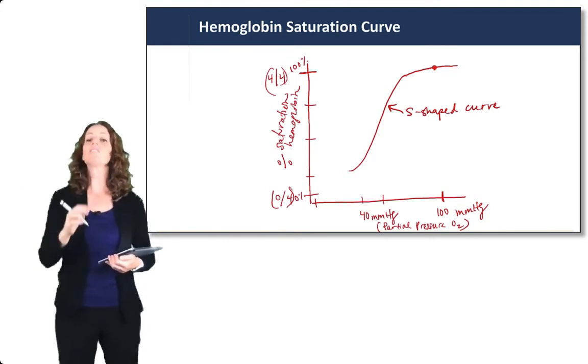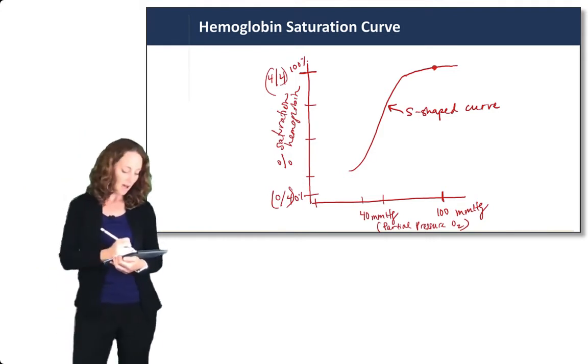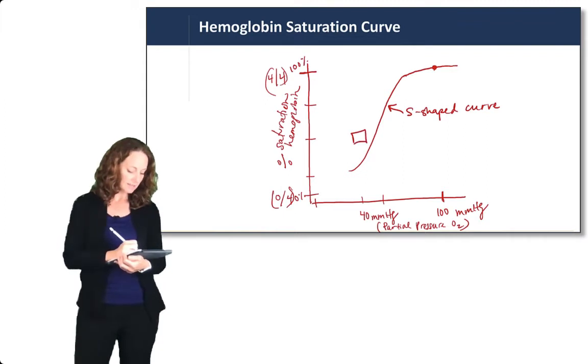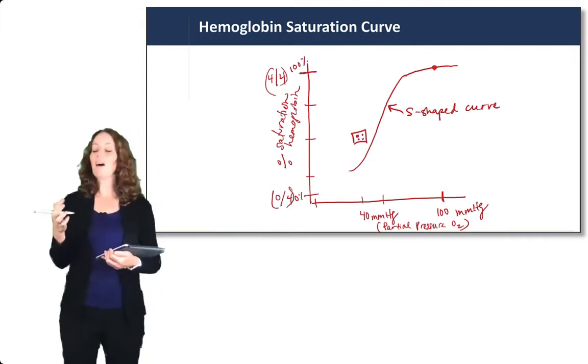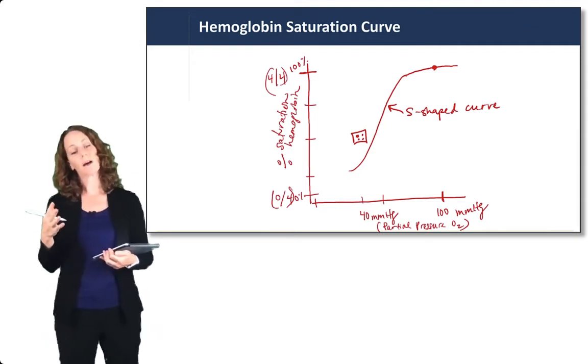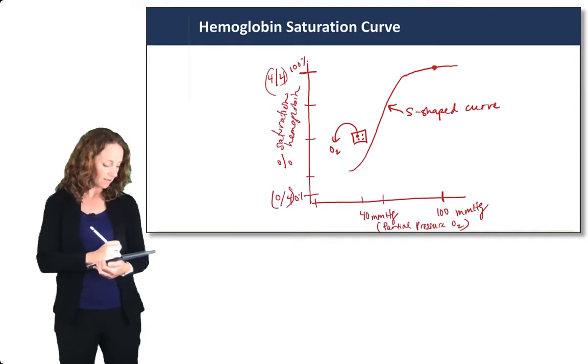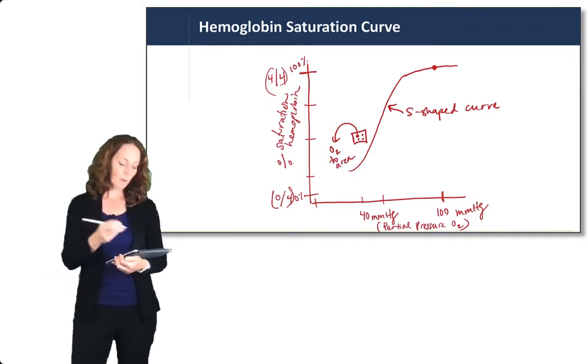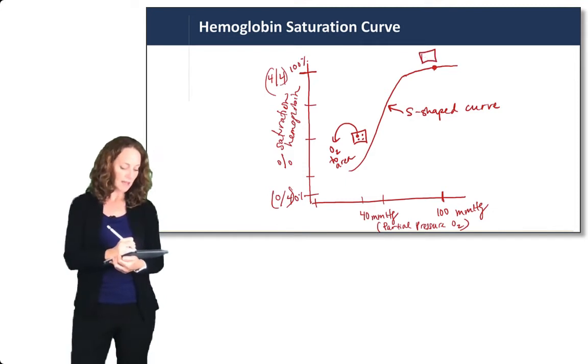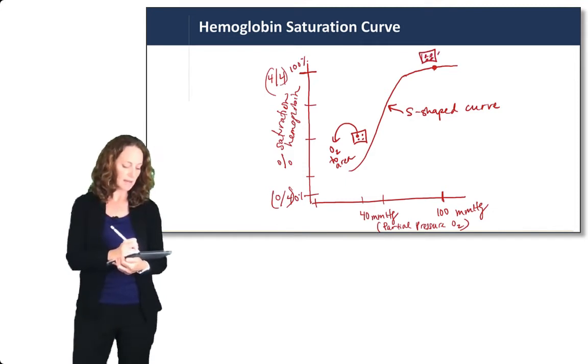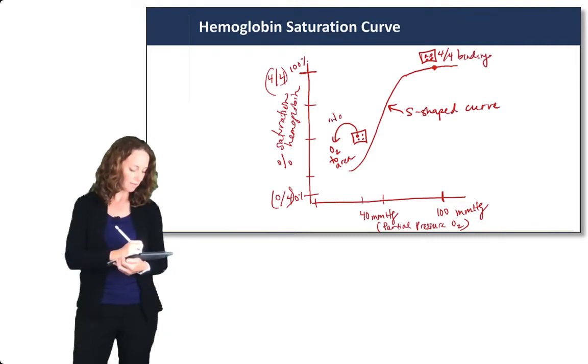And as that oxygen is being dropped off, now our hemoglobin sites, let's say we have 4 possible sites, are going to become more and more empty because the oxygen is leaving to that area. Whereas up here, we had 100% oxygen binding. Here we have unloading.